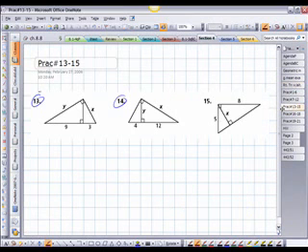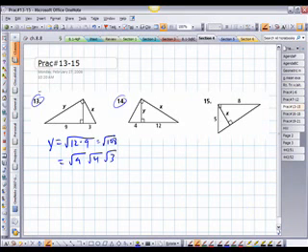So to do number 13, we can say that Y is the geometric mean of the whole hypotenuse, 9 plus 3, and the part next to it, which is 9. So the square root of 108, which is equal to the square root of 9 times the square root of 4 times the square root of 3. So that's 3 times 2 times rad 3, or 6 radical 3.